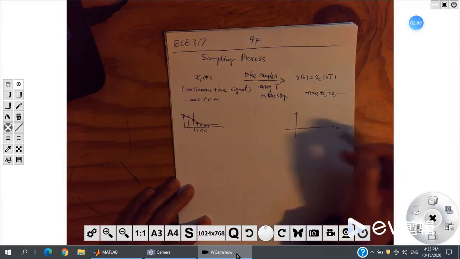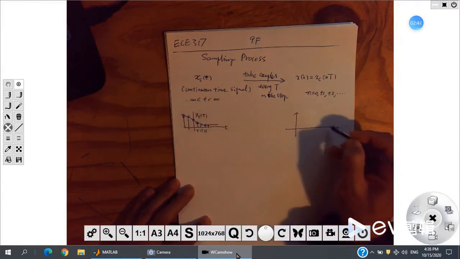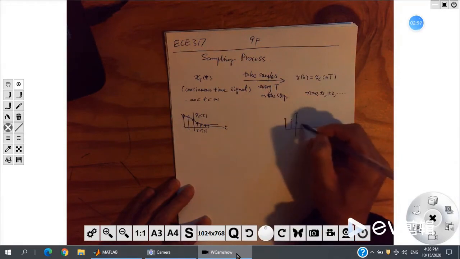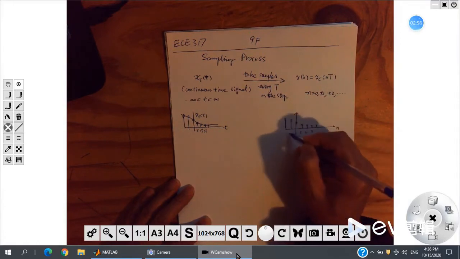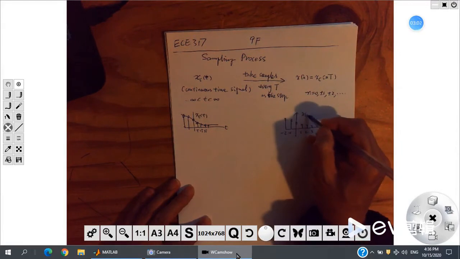Here should be n. This one is t, xc of t, and this is n. Then you have those values for every n equal to 1, 2, 3. This side is negative 1, negative 2, and so on. Here's x of n.